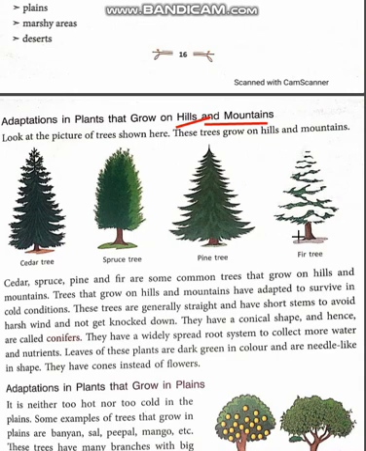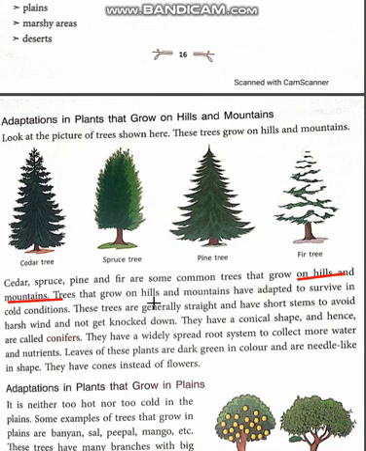Their shapes tell you about their different adaptations. The first are the kedar tree, spruce tree, pine and fir. These trees are common examples that grow on hills and mountains. You can find many more also.